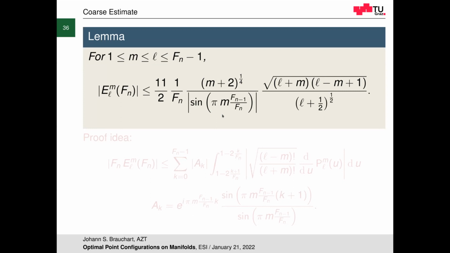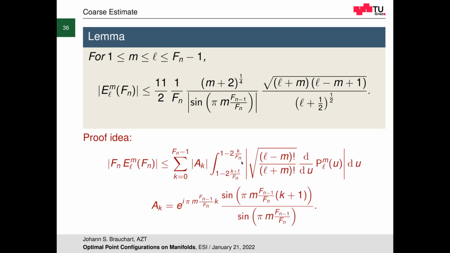So the proof idea we had here is to take summation by parts, so that the terms where the exponentials are added up are separated from the terms where the associated Legendre polynomials appear. There I have to do a trick with dividing up the interval of the integral and writing this in a better way.